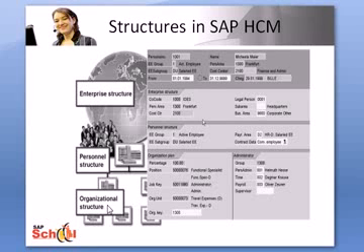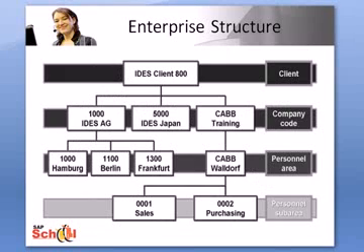Hierarchies and report structures are clearly laid out. The organization plan is the foundation of organization management, and we'll have a closer look at this within the system. The enterprise and personnel structures subdivide organizations and employees according to factors relevant to time management and payroll. These structures are stored in customizing.